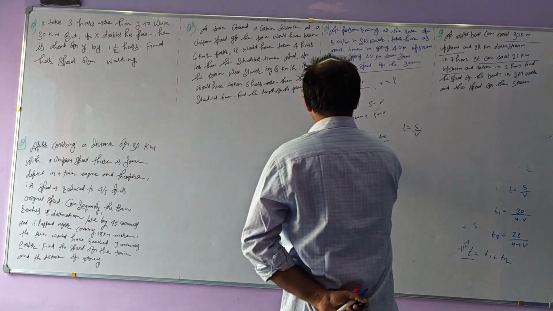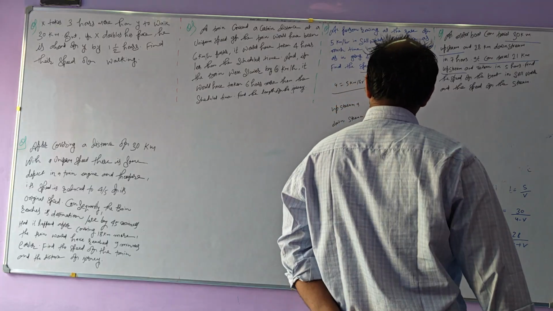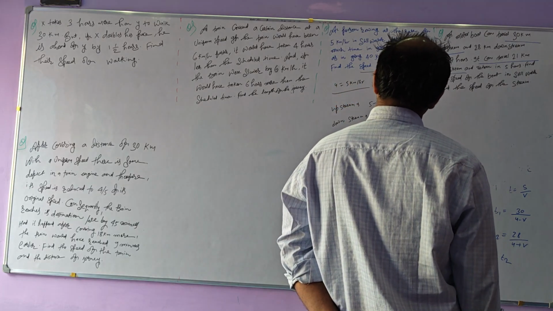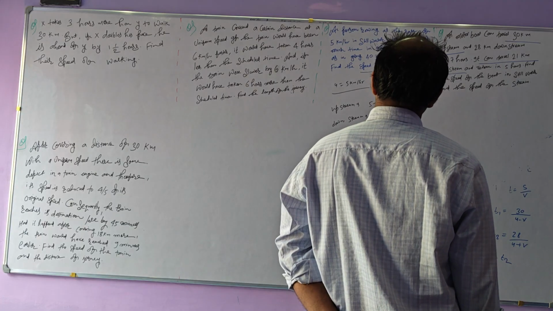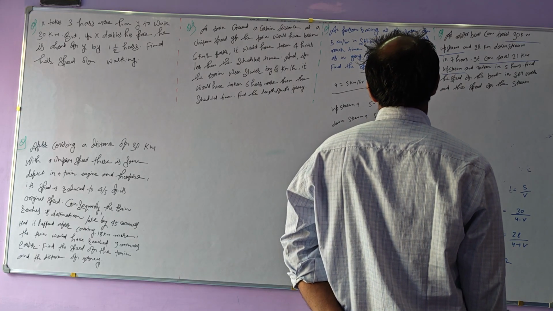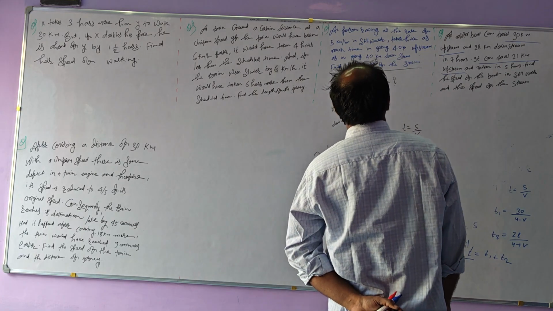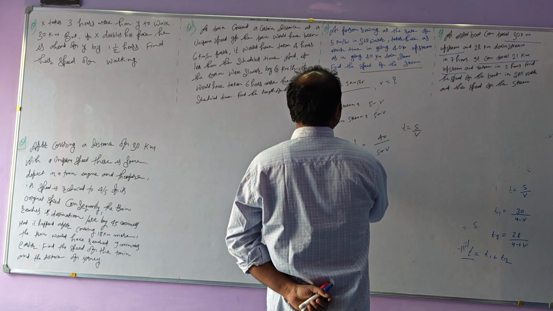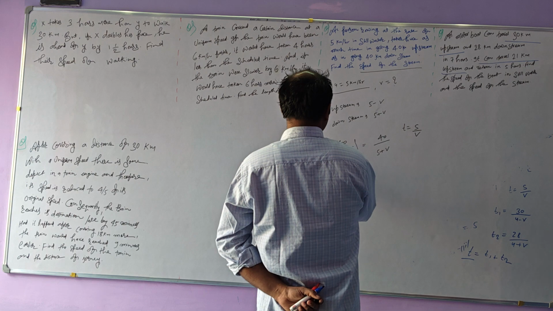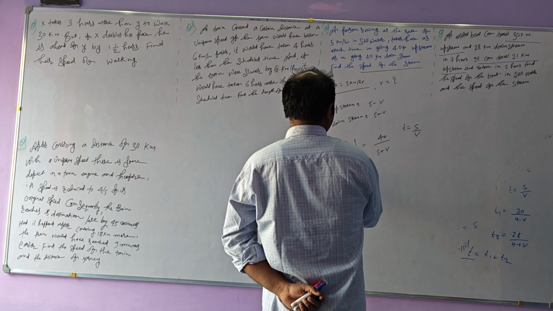Now we apply thrice. The time taken is thrice as much in going 40 km upstream as in going 40 km downstream.